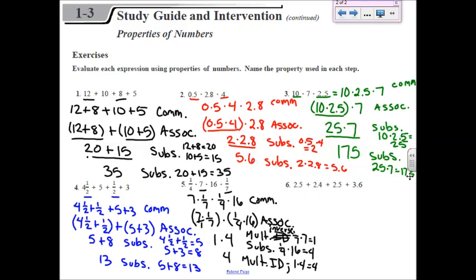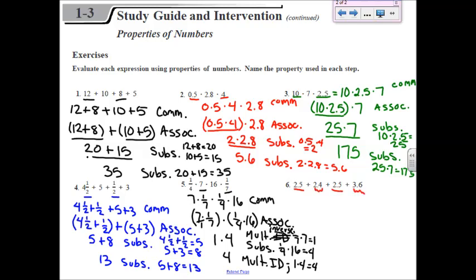All right, in the last one, I have 2.5, 2.4, 2.5, and 3.6 all being added. When I see 2.5, I'm hoping that there's something else with a 0.5 that I can add to it. So I'm going to put those two next to each other. And also when I see 0.4, I'm hoping that there's something that has 0.6 so that when I add it, they equal a whole.